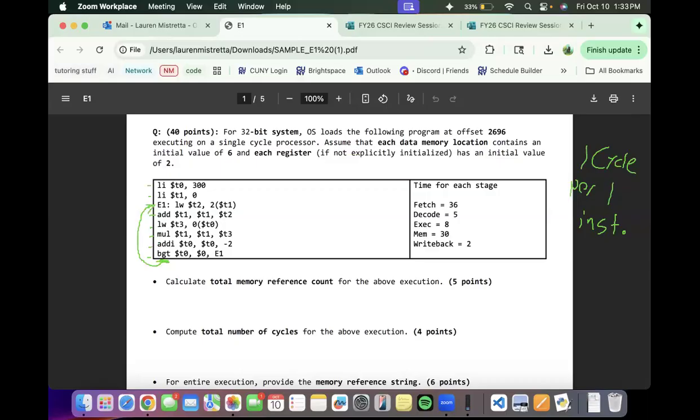So that means we actually have to evaluate this. Because if that branch ended up being true, then that means it definitely would not be 8. It would be a lot more because of how many times the loop would go. And this is why we have to keep in mind the values that they tell us, right? Because we know that each memory location has an initial value of 6, and each register has an initial value of 2.